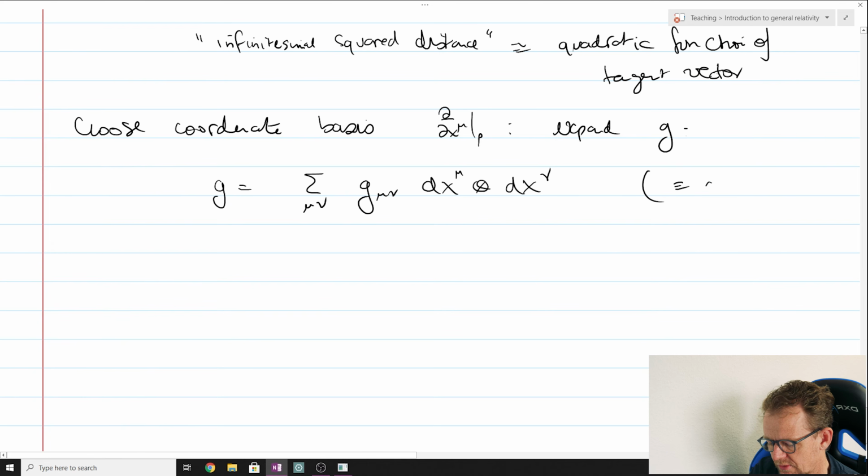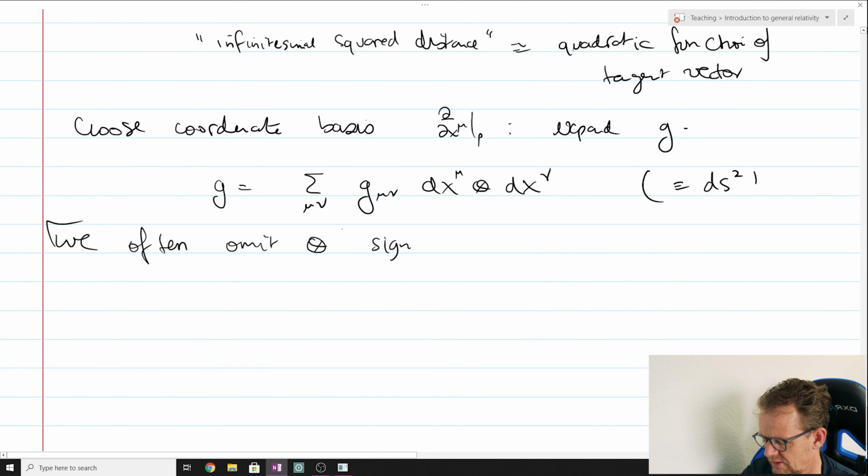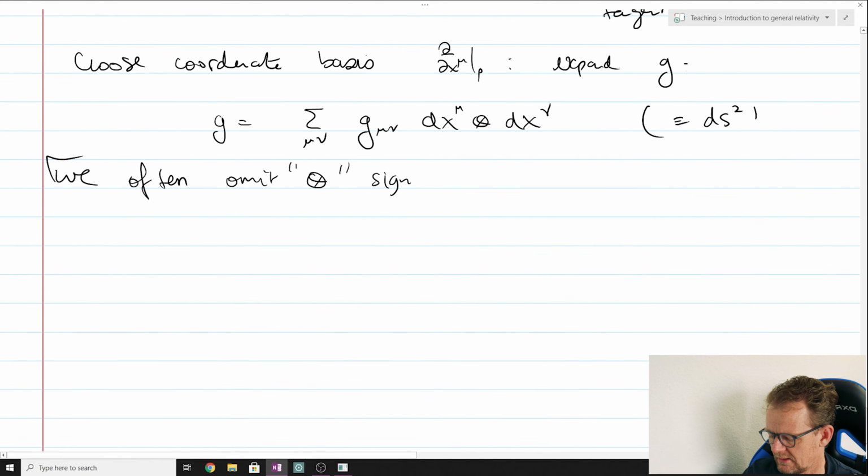This is sometimes also called ds squared. G is also called ds squared. Now we often omit the tensor sign. And this is highly confusing, I think. You know, we go to all this trouble of introducing all this notation and then we start throwing it away indiscriminately. But that's it, it's notation. You can't fight notation. If people use it, you've got to be able to translate it.